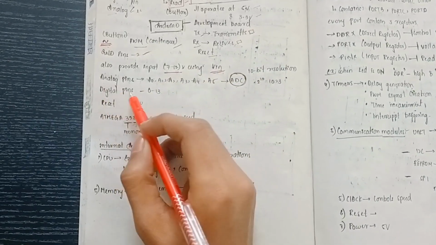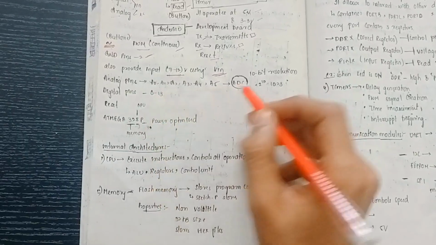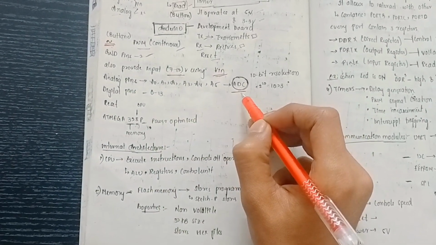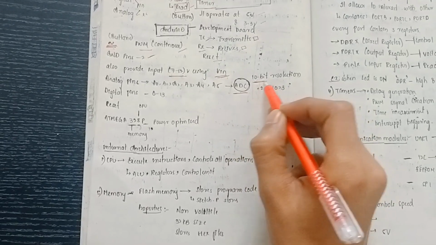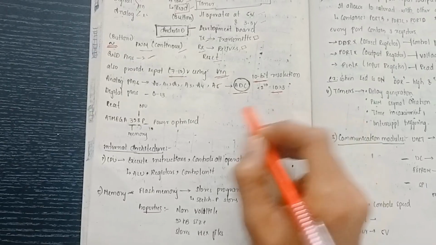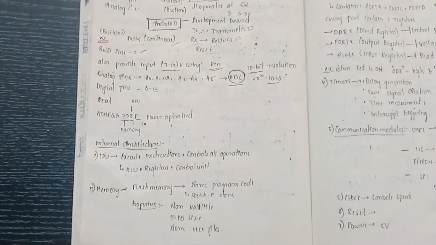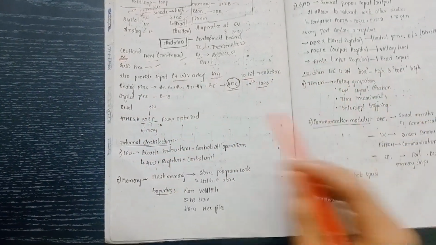These analog pins are denoted as A0, A1, A2, A3, A4 and A5, which help convert analog to digital. These are about 10 bits, so that would become 1023 values. Digital pins are assigned between 0 to 13.